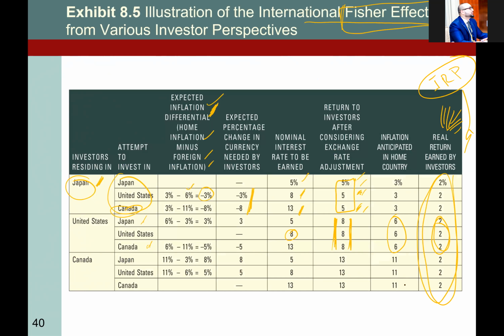And if you are in Canada, your interest rate was 13%, you will end up earning 13%. 2% is the real interest rate, 11% is the inflation differential. Whether you invest in Japan, you will end up earning more because of the appreciation. And if you invest in your own country, you will again earn the 13%. Right?